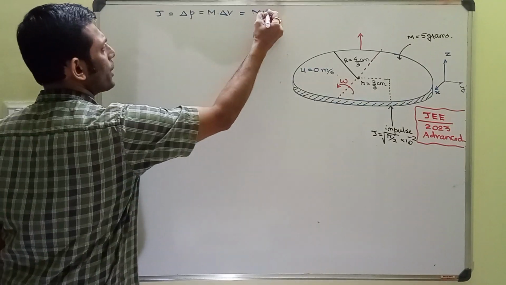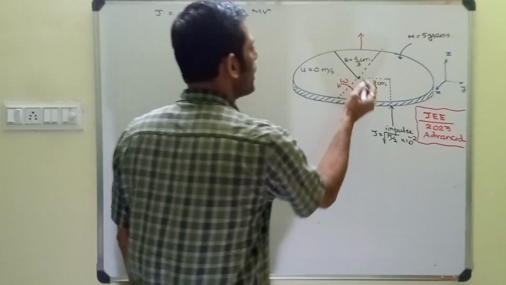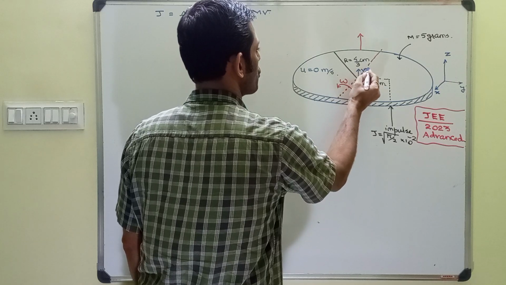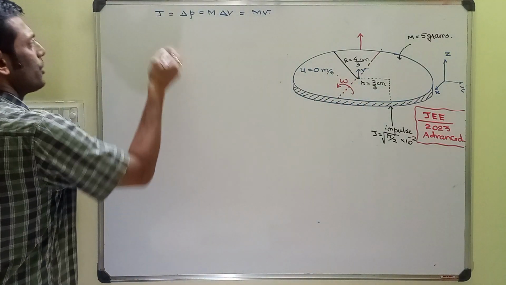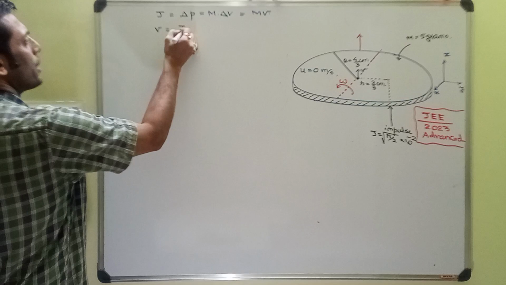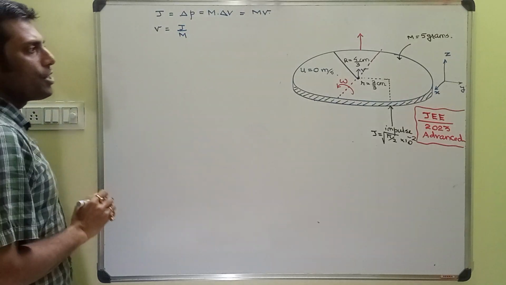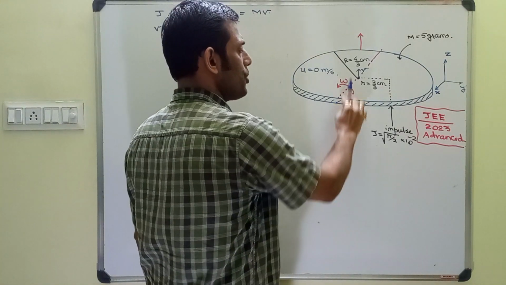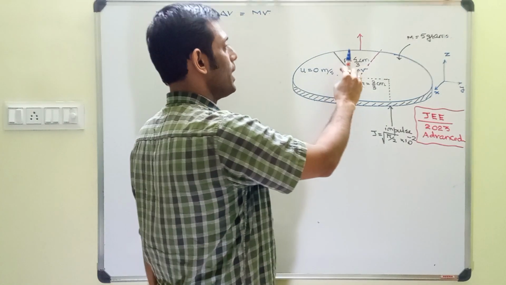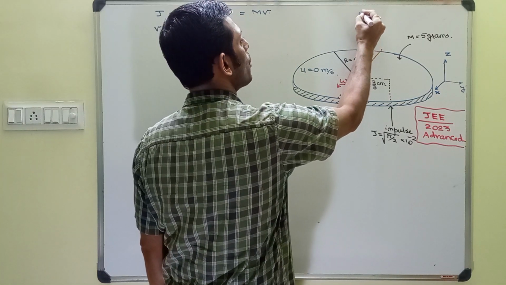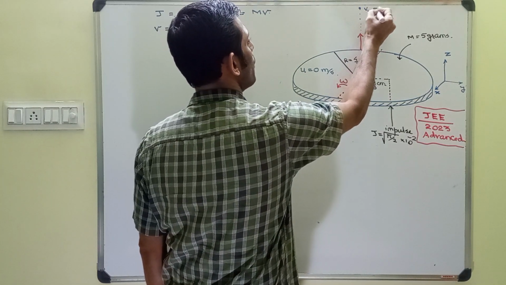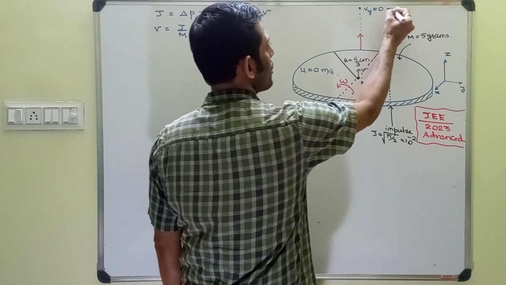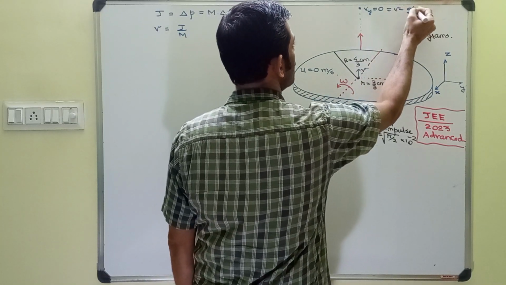Therefore, this velocity is the velocity with which it begins the translational motion, v. And therefore, this particular v can be written as J by m. This v is the initial vertical velocity, and as it goes to the topmost position, the vy value at that point becomes 0 and is equal to v minus gt.